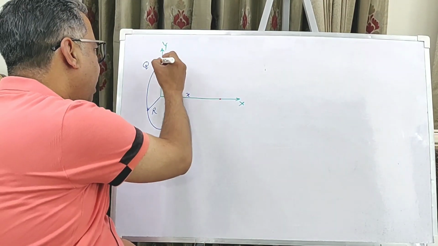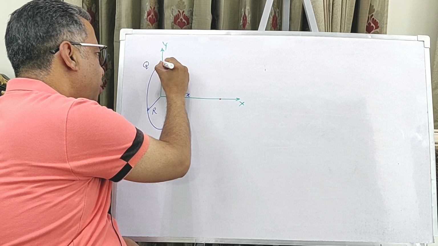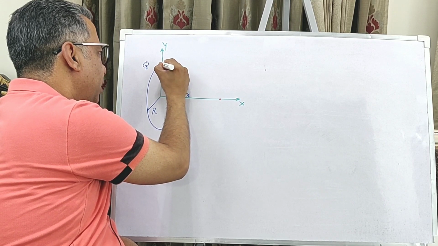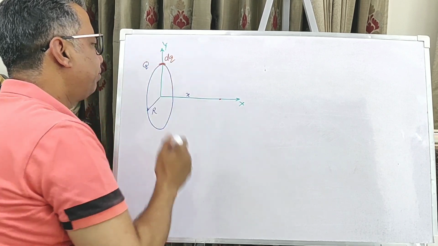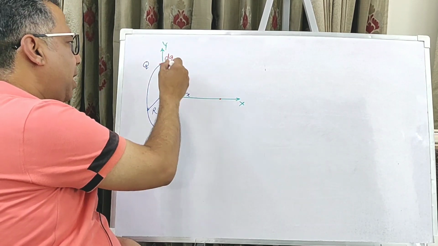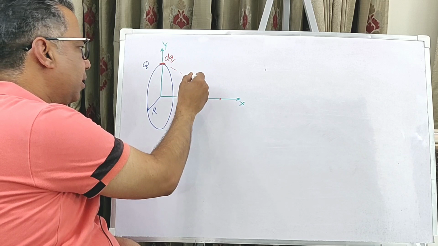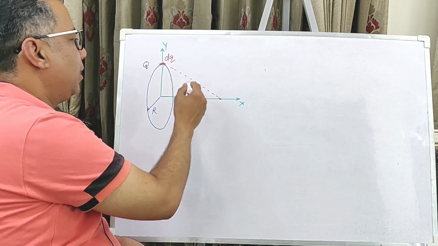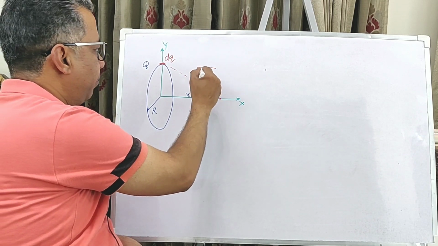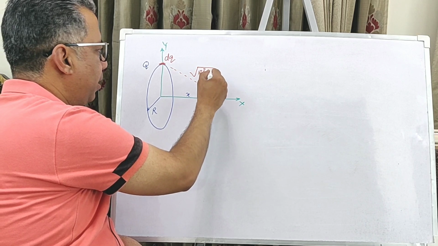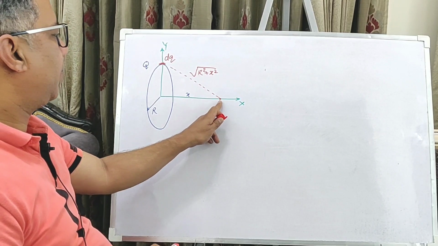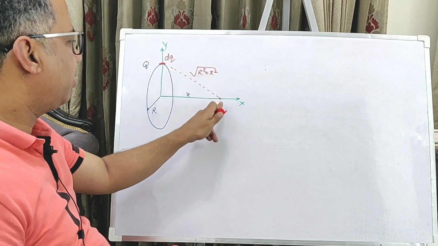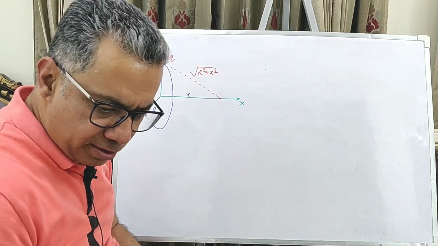Consider a small charge element here carrying a charge dq. Now this dq is at a distance root r square plus x square from the given point where we are interested in calculating the potential.